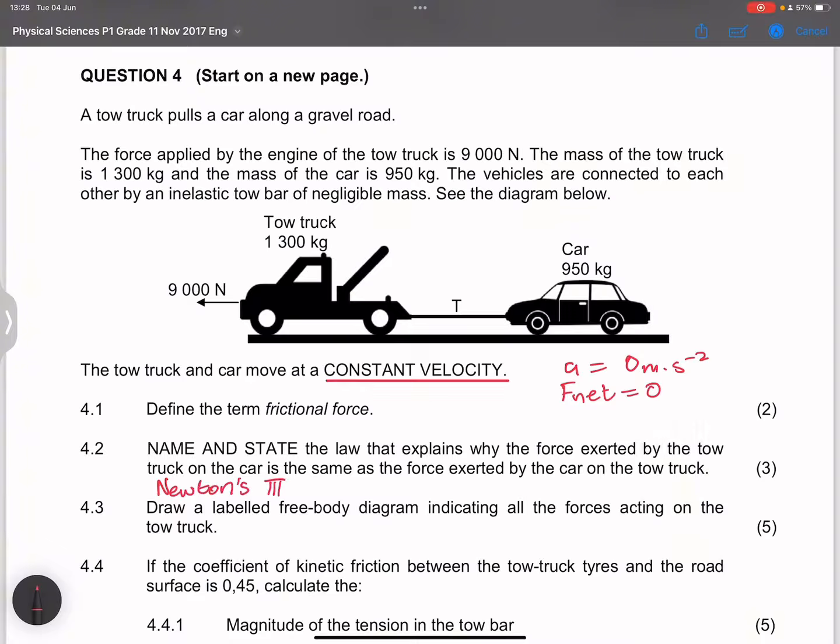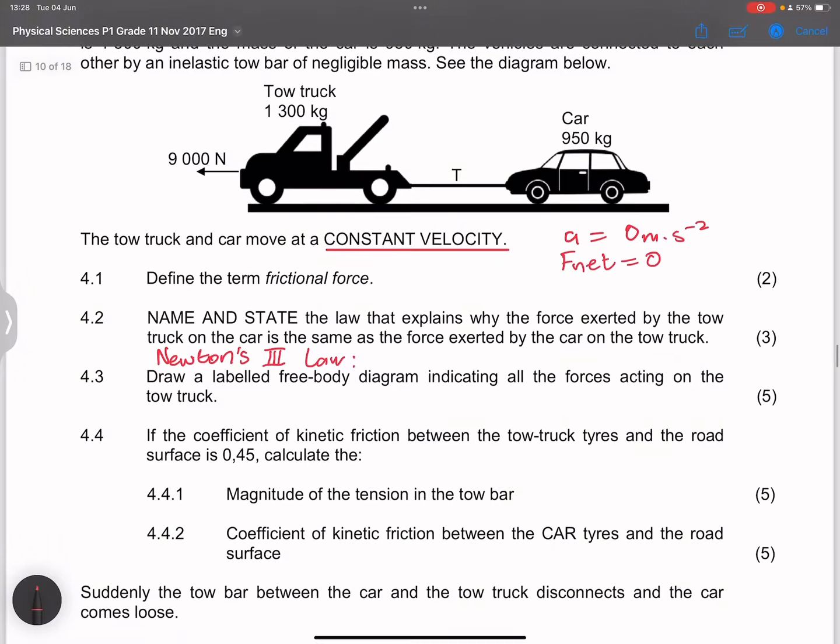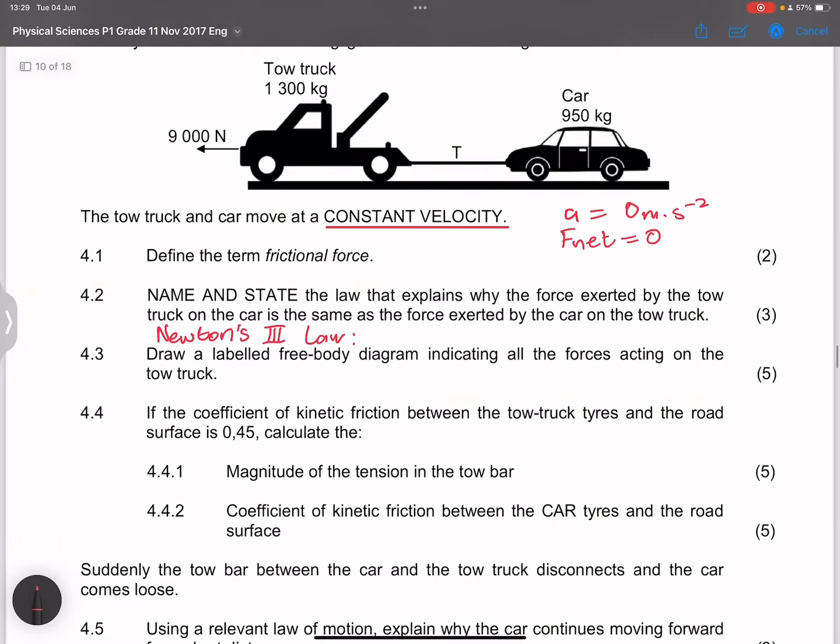Newton's third law simply states if body A exerts a force on body B, then body B will exert an equal but opposite force on body A. That's the easiest way. Of course, there are other ways to state that law. I will not limit you to what I have said.